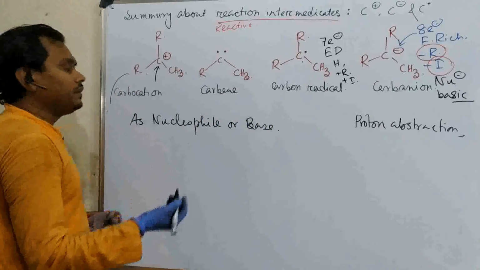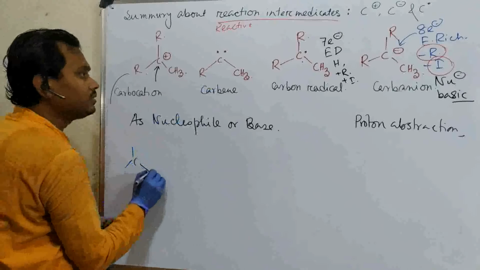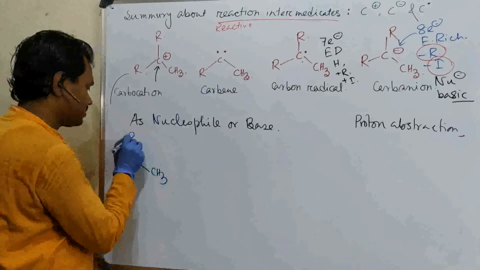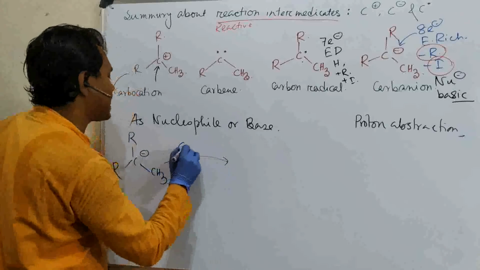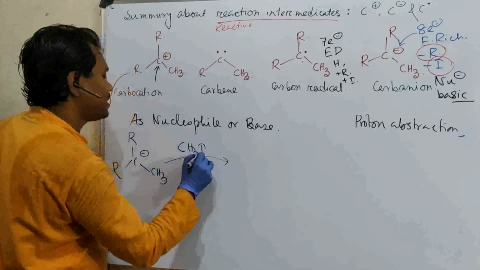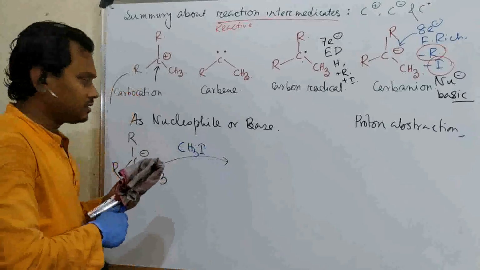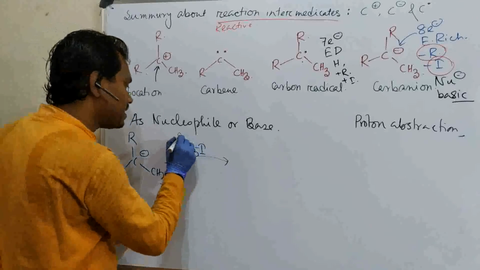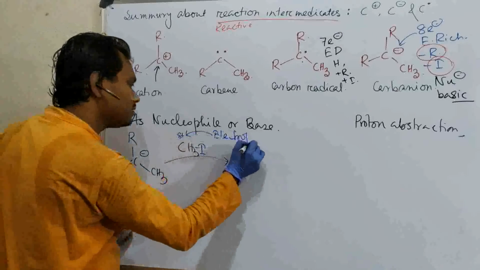See, if you take this carbanion, CH3 minus, and add methyl iodide, for example, actually this methyl iodide is an electrophile. Here this is delta plus, meaning electron deficient, so we can consider this as the electrophile.